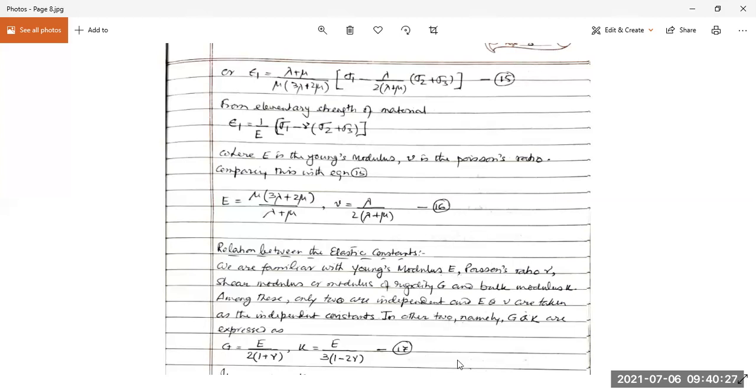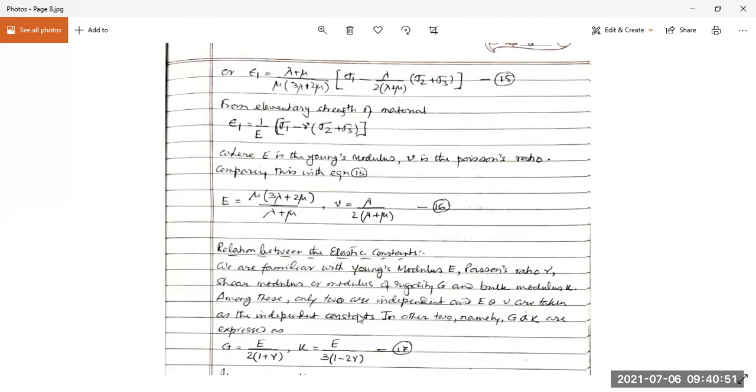For shear modulus or modulus of rigidity G, shear stress is proportional to shear strain within the elastic limit, and bulk modulus is the pressure applied divided by the volumetric change. All these four are elastic moduli.